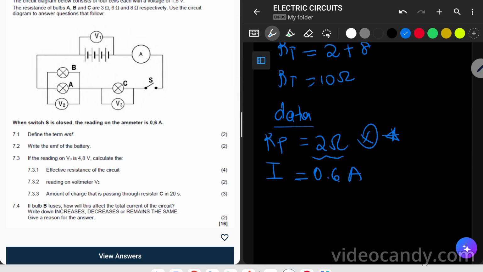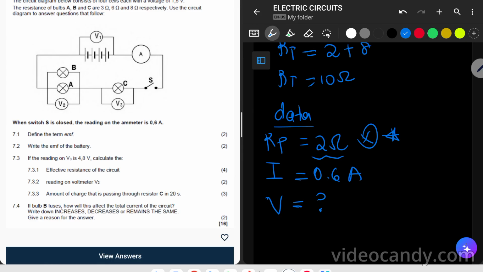And then, what you're looking for is the voltage that will be read by voltmeter 2. Go back. Voltmeter 2 will read the voltage of both A and B. But in this instance, you've created your own single resistor in your head, which has a resistance of 2 ohms.